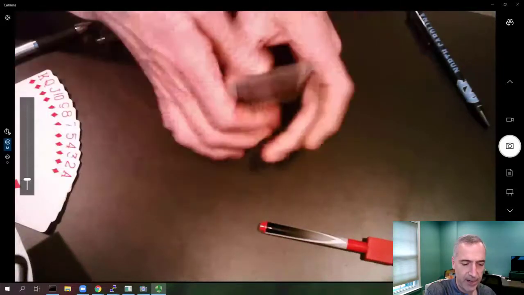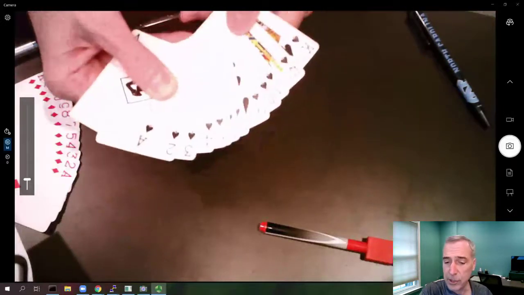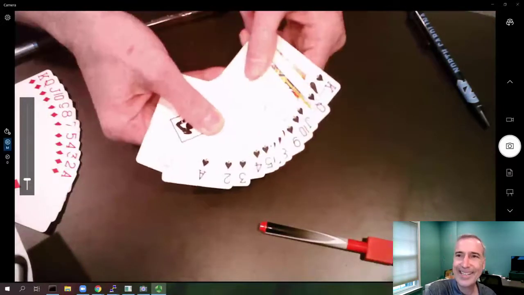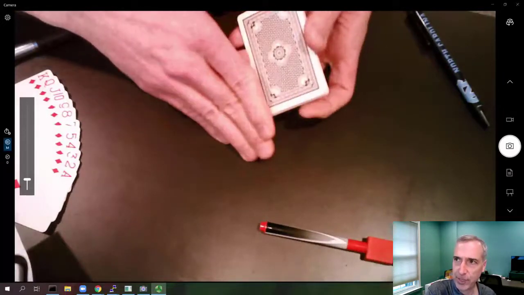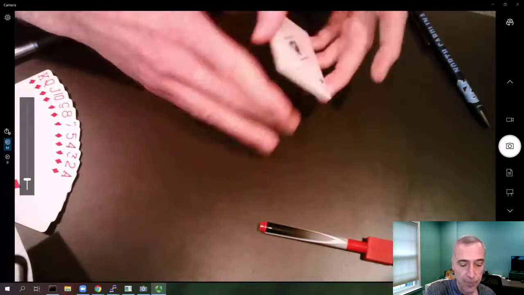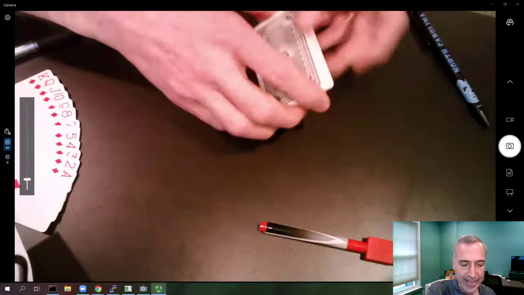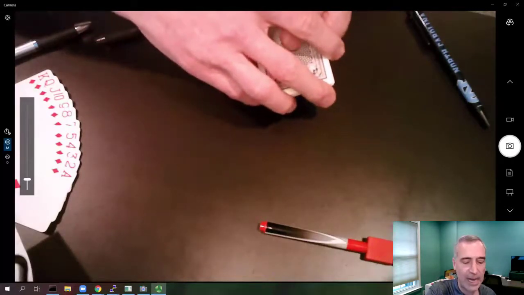So now I have the deck in this order. What I'm going to do is deal these face up. I'm going to try and do it in slow motion. I'm going to try and make sure I keep my hands in front of the camera at all times. Remember, the ace is at n-1 or 12 offset.